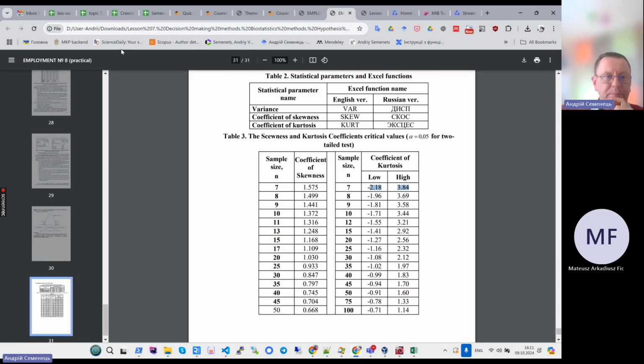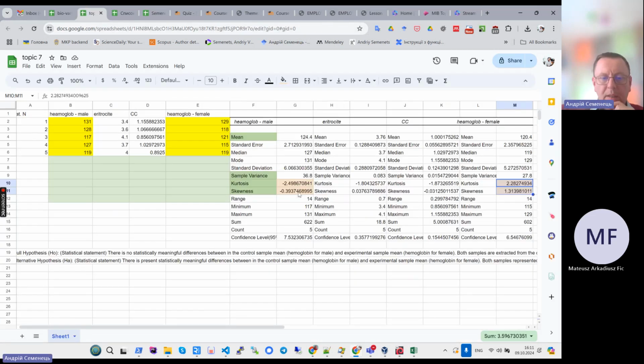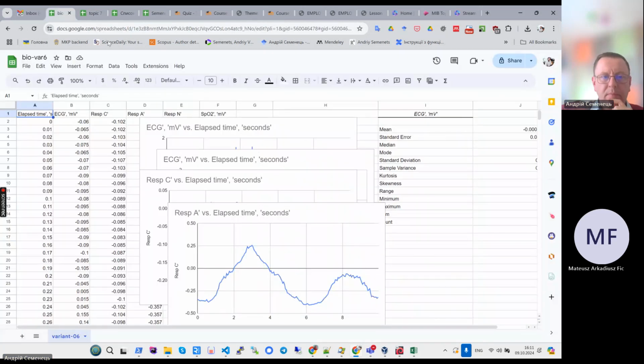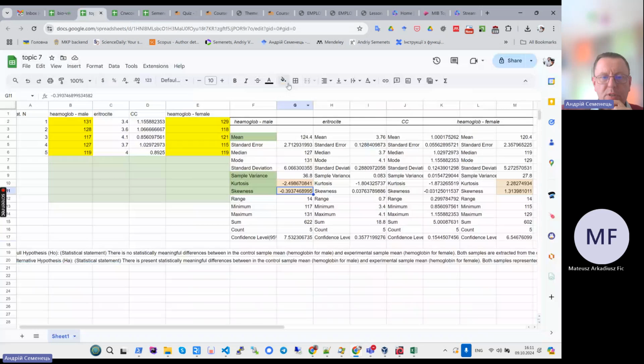Let's take a look. Okay, skewness, both pass the condition. Both skewness values are okay.